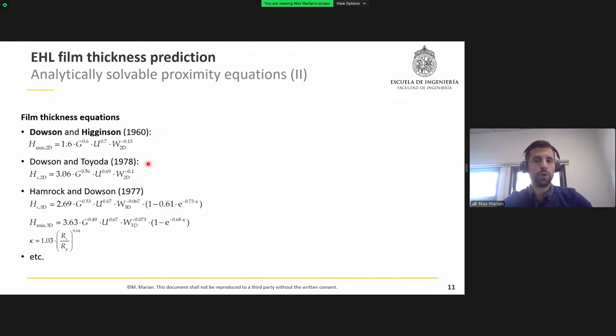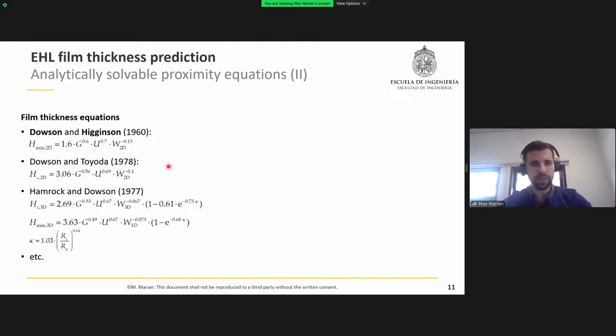And based upon more advanced isothermal EHL simulations, these parameters have been modified and extended by various authors to also cover 3D point contacts and also allowed the determination of the central film thickness.